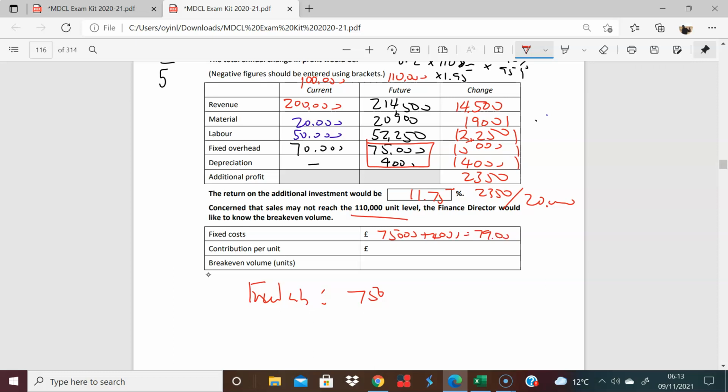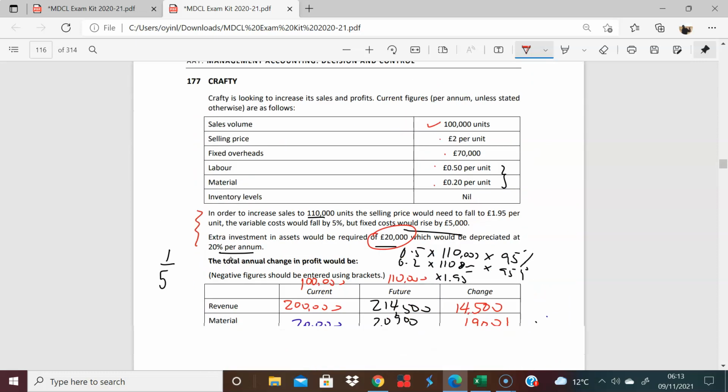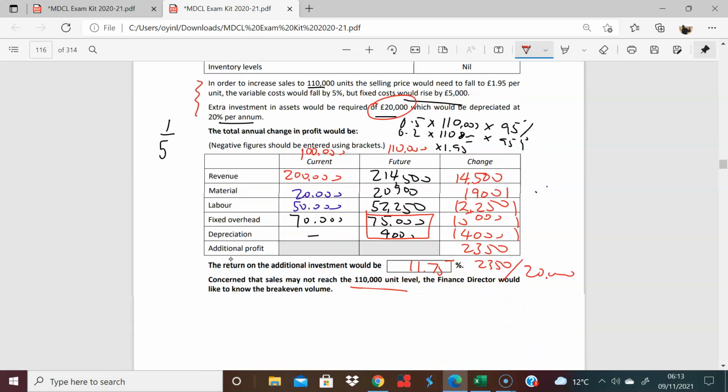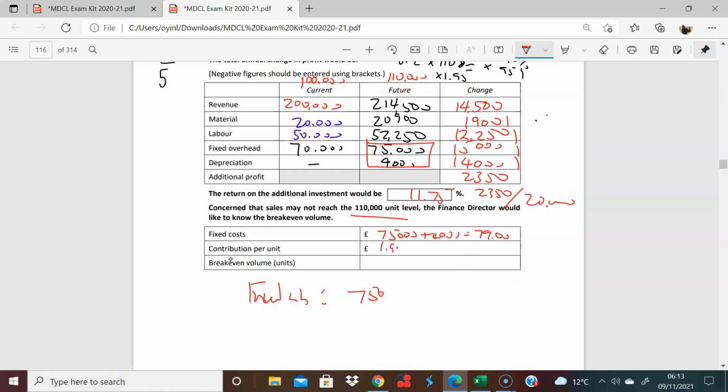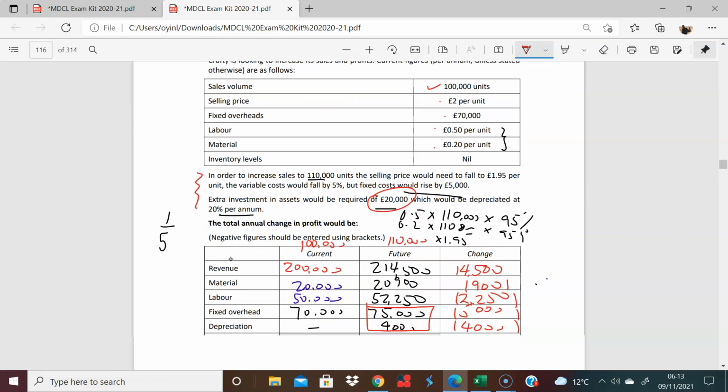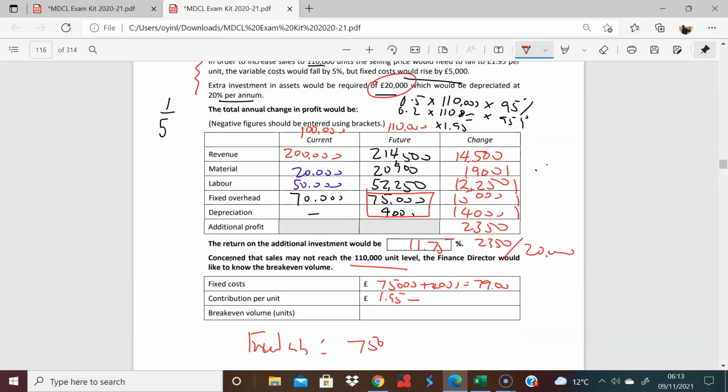What is the contribution per unit? Your sales have remained the same. Sorry, no, they haven't. Your selling price falls to £1.95. So your selling price is £1.95 minus these variable costs that have fallen by 5%.